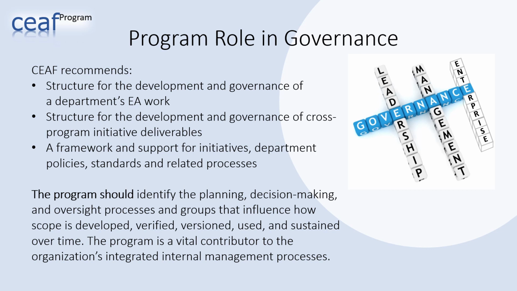For artifacts and the current state architecture to be as accurate as possible, programs need direct communications to those in the organization's integrated internal management processes. With that said, the program should identify the planning, decision-making, and oversight processes and groups that influence how scope is developed, verified, versioned, used, and sustained over time.